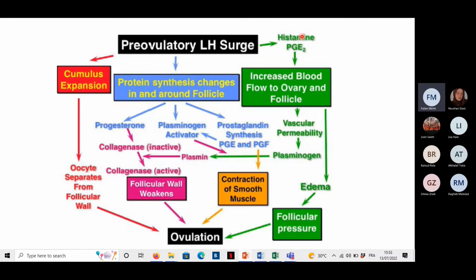We will have also, due to this LH surge, an increased blood flow reaching the follicle, and vascular permeability. Due to this vascular permeability, more plasminogen reaches the follicles, so we will have a good concentration of plasminogen to be converted into plasmin under the action of plasminogen activator, and this will lead to the activation of the collagenase.